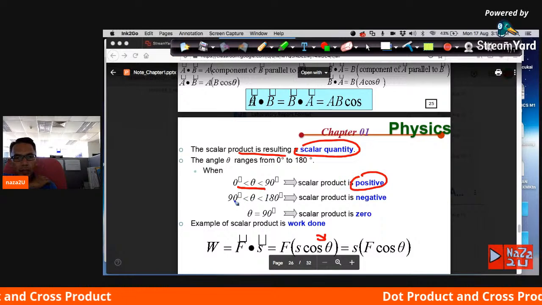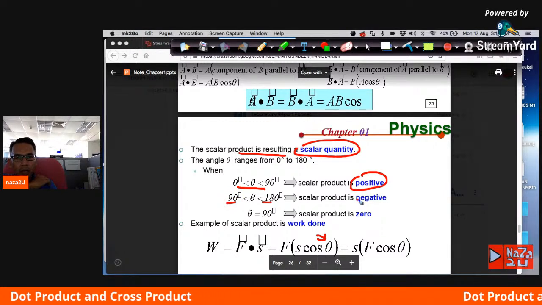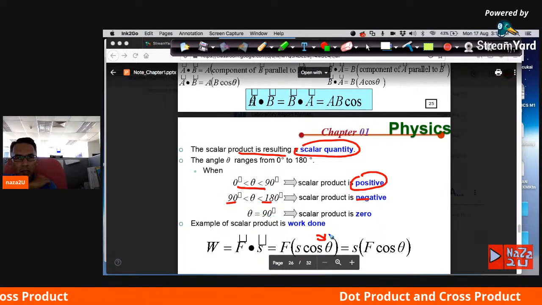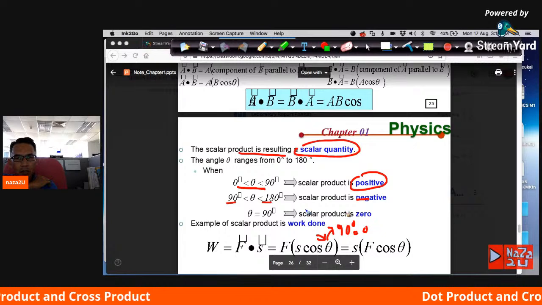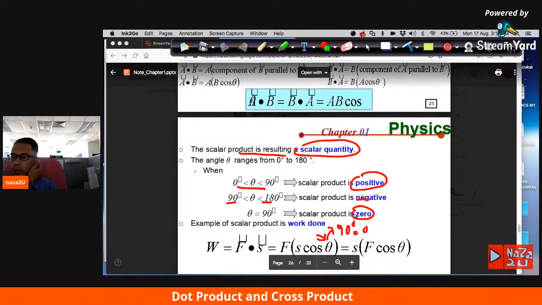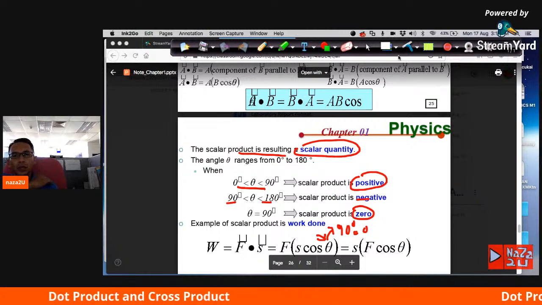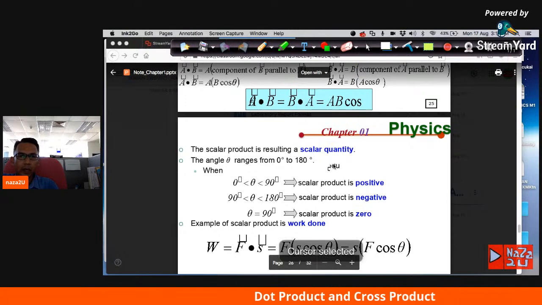But if theta is between 90 and 180, the scalar product is negative. And when theta is equal to 90 degrees, because cos 90 is equal to 0, the scalar product is equal to 0, right? Okay, so next we go to the next slide.